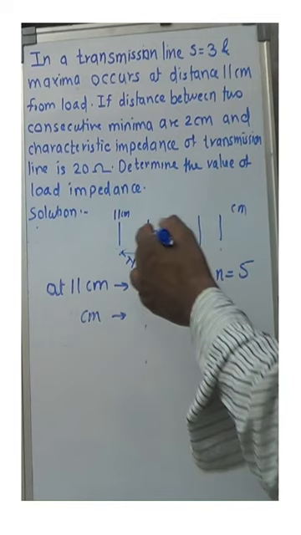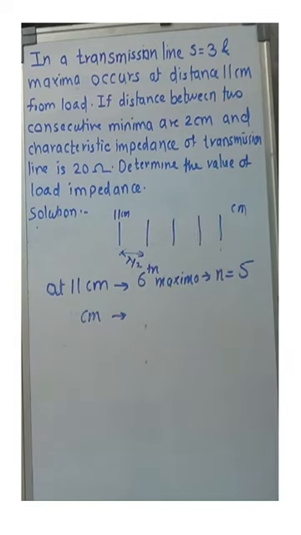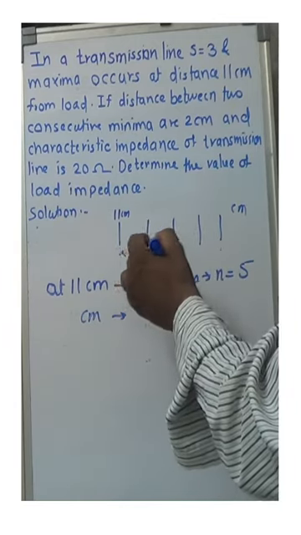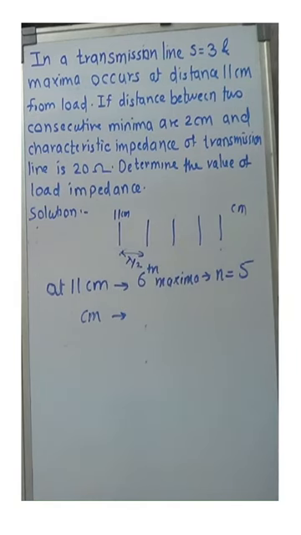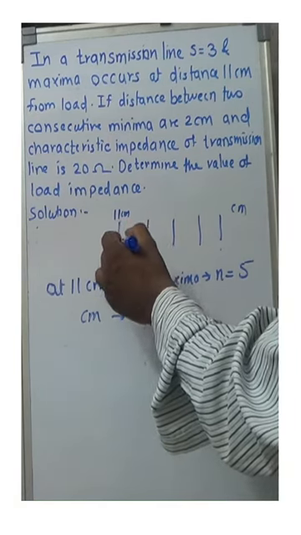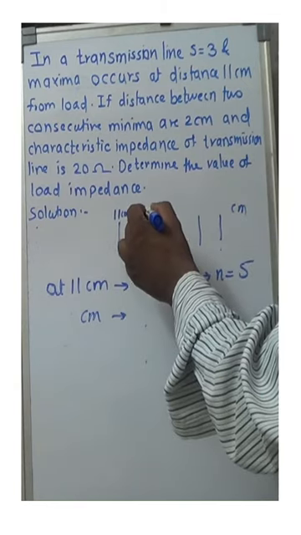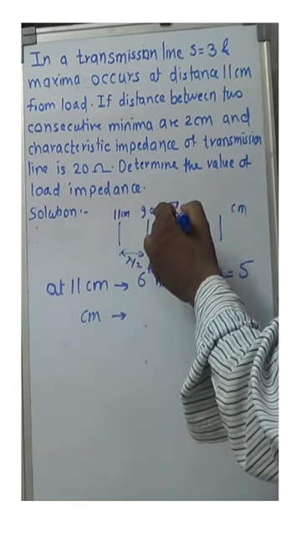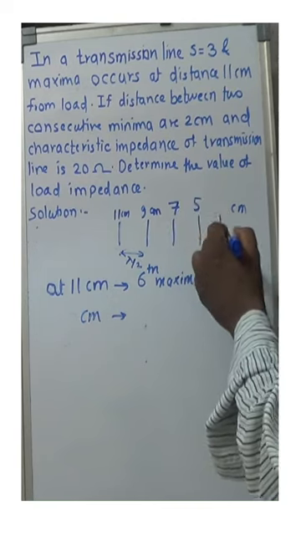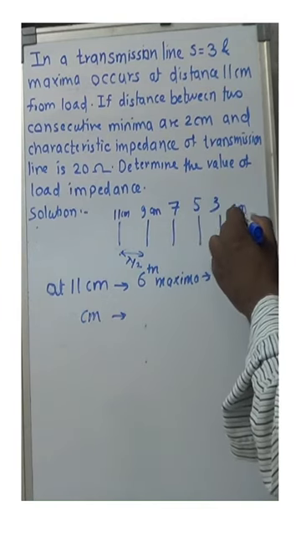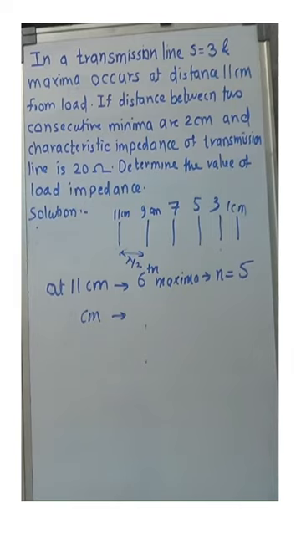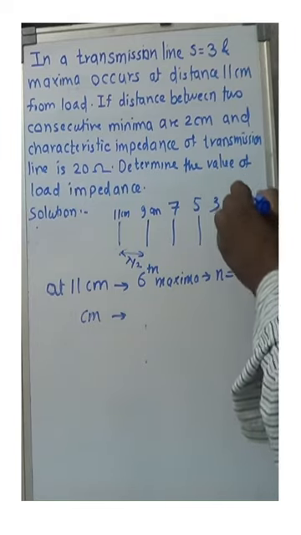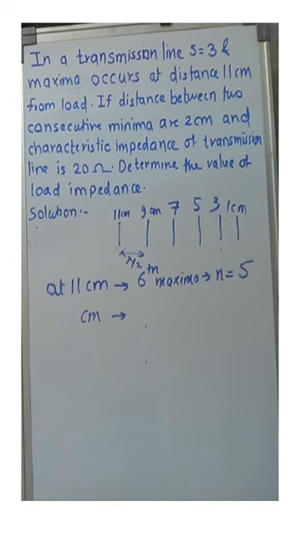We don't know how many maxima are in between, but we know the distance between two consecutive maxima is 2 centimeter. So from 11 centimeter I will go backward: here I will get 9 centimeter, here 7, here 5, here 3, and one more, that is 1 centimeter. So at 1 centimeter I will get the first maxima.